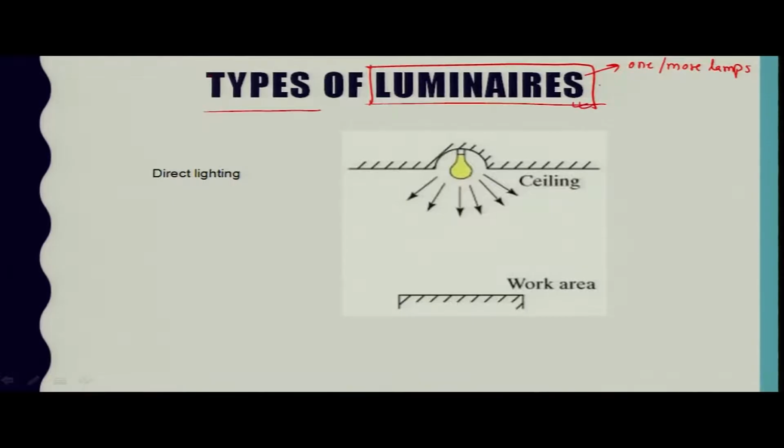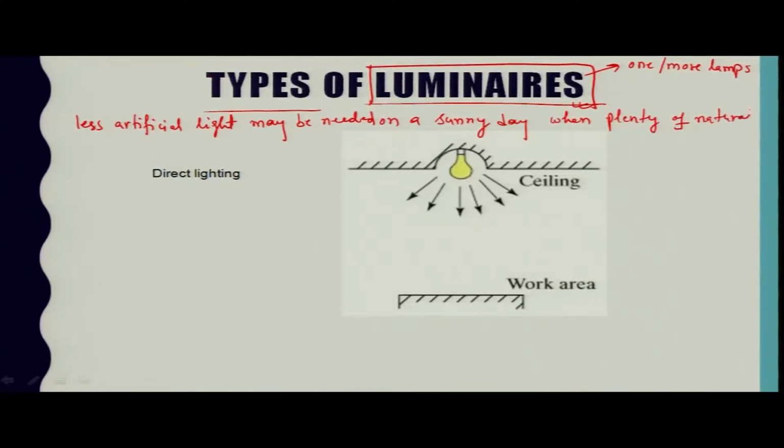Modern lighting systems often include controls to alter the lighting levels depending on the time of day and function of the room, like when less artificial light may be needed on a sunny day when plenty of natural light is there through windows.